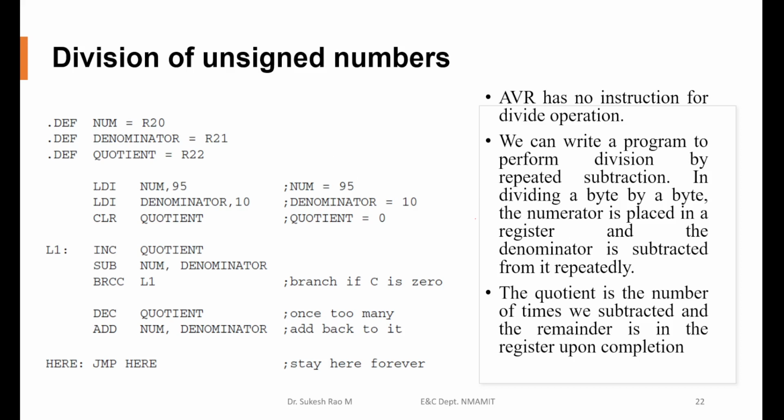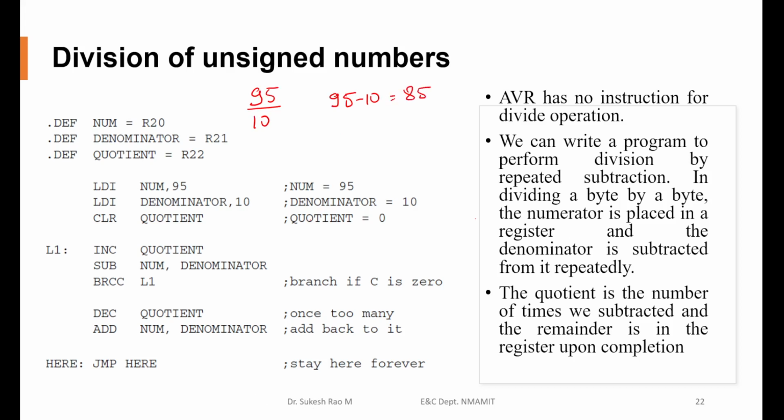Now let's look at this. They are dividing 95 by 10, that's the logic here. This division I'm doing by successive subtraction. So I'll write it down here, 95 by 10. What I'll do is 95 minus 10, the first time you get 85.